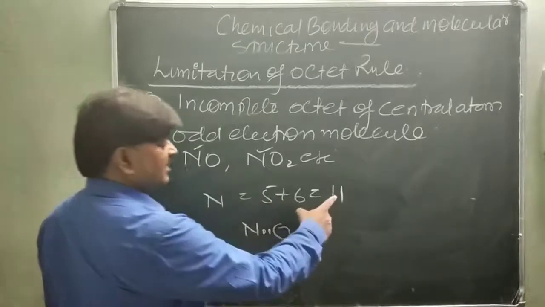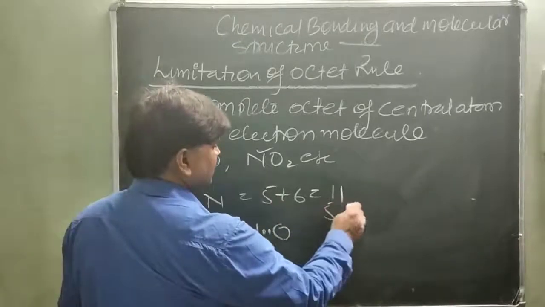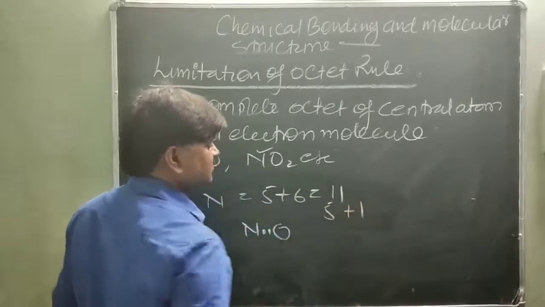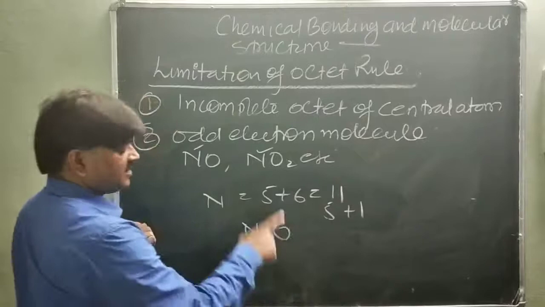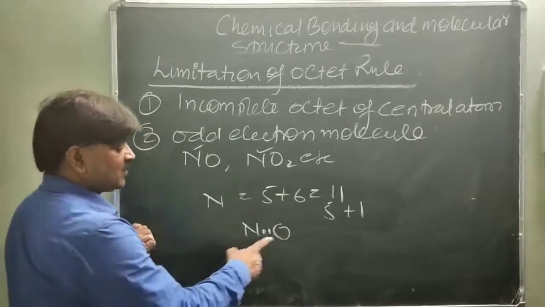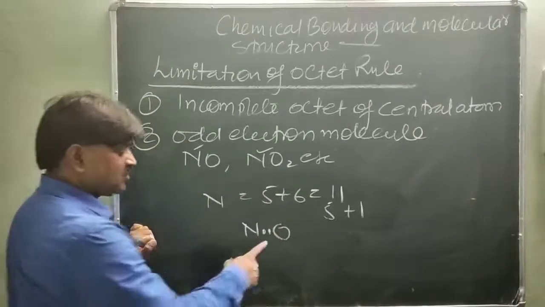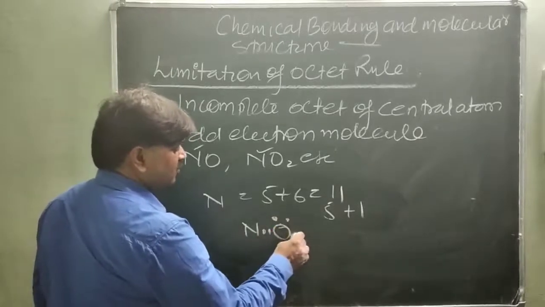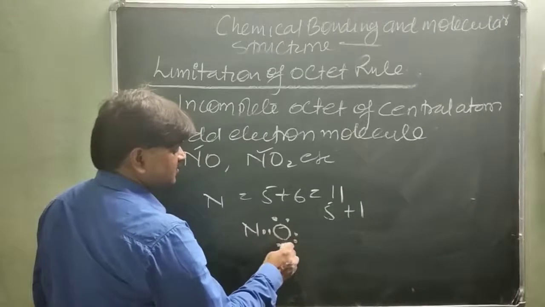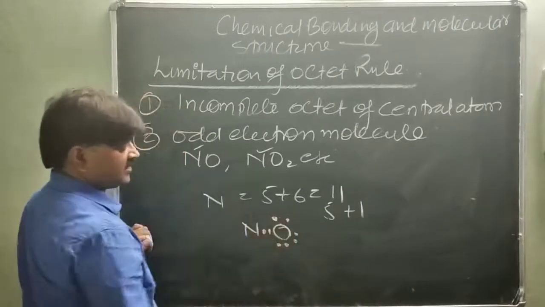Out of 11, this is 5 lone pairs and 1 extra electron. One pair is bonded between nitrogen and oxygen. Now first complete the octet of oxygen: 2, 4, 6, 8 electrons.